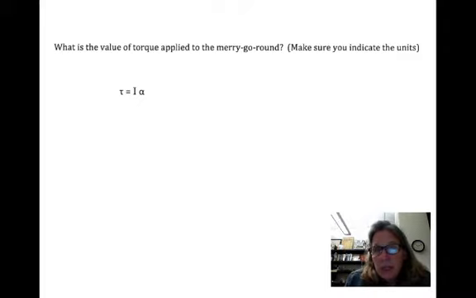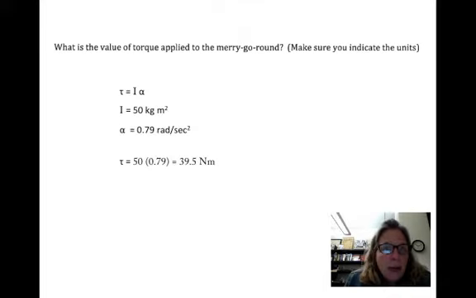We're going to use this equation because we have inertia and acceleration from the previous parts. We calculated I already, 50, and the acceleration already, 0.79. So the torque is 39.5 newton meters.